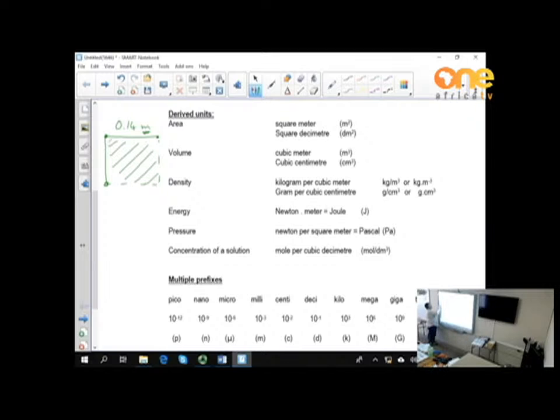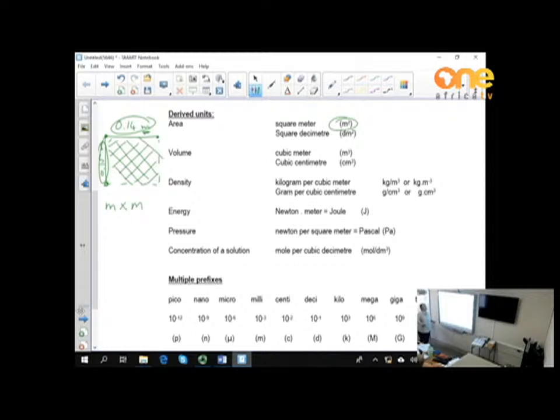Let's say the length of that side is 0.15 meters. How do I work out the area? I multiply that side by that side, and that will give me the area. But now I am multiplying a meter by a meter, not so? And in algebra, if we multiply m times m, the answer is meters squared. So square meters is not an SI unit, because the SI unit is just meters, but it's been derived. We use the meters to get to square meters.